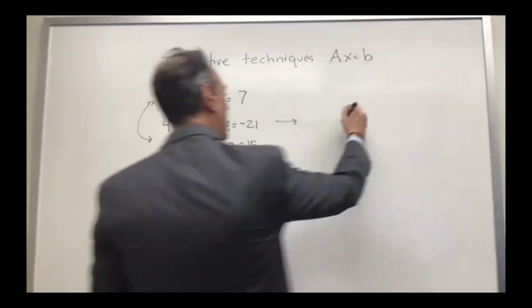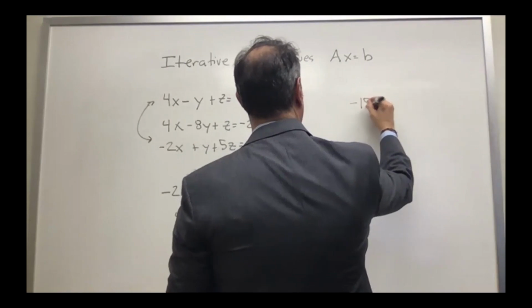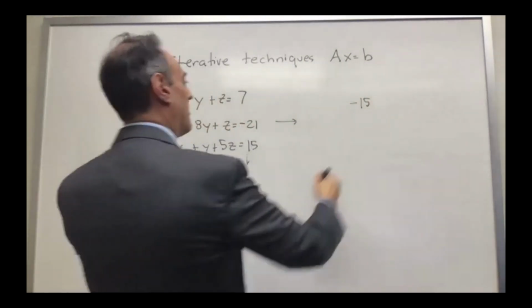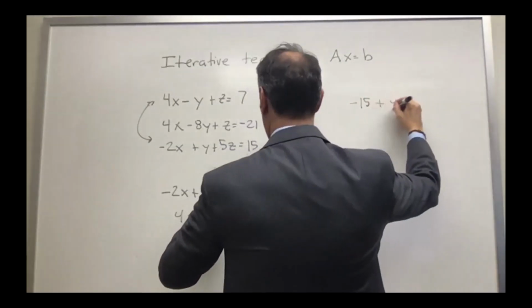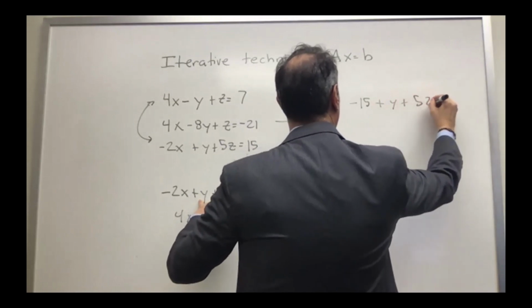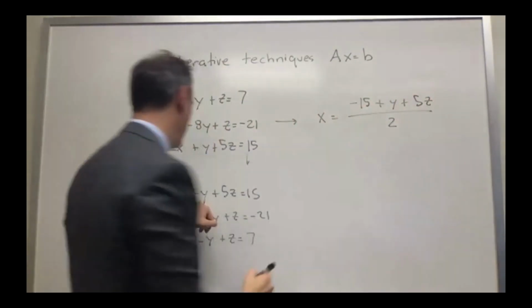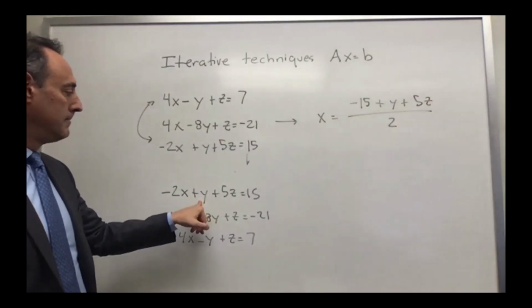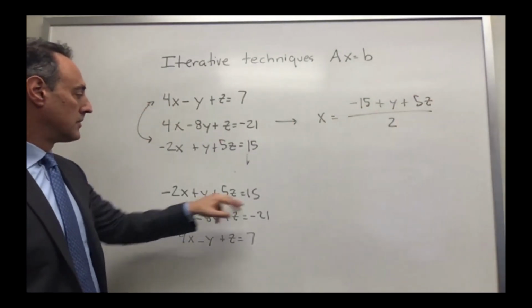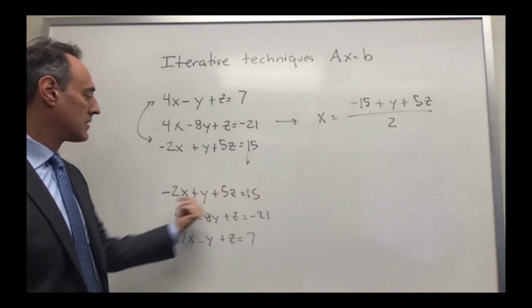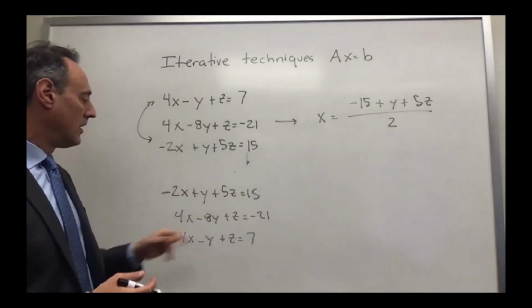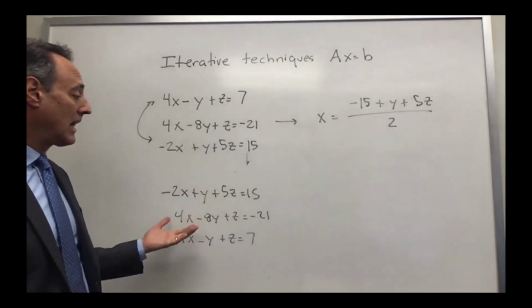So it's going to be minus 15 plus y plus 5z, all divided by 2. The minus 15 comes over, and that's what you get for 2x divided by 2.